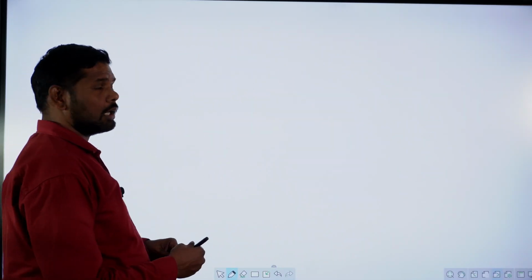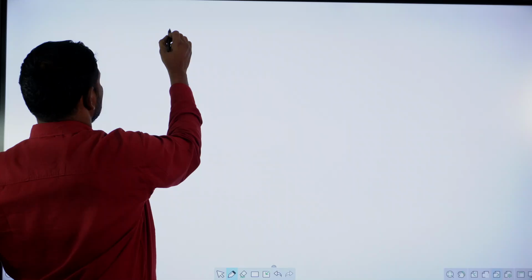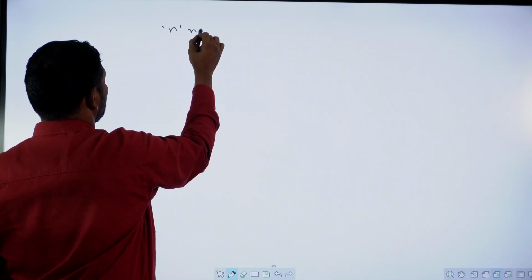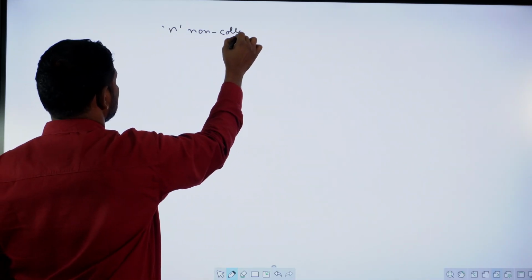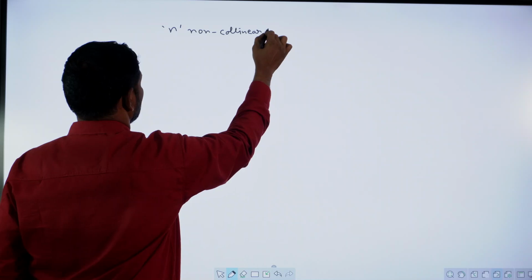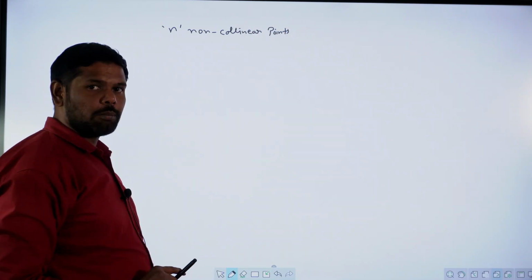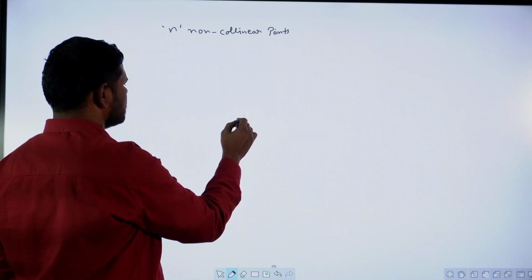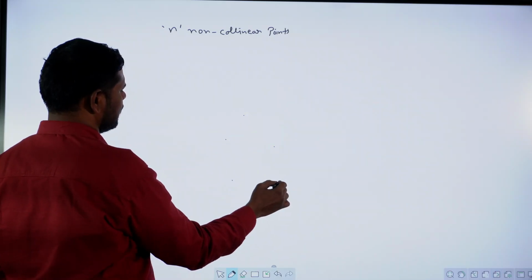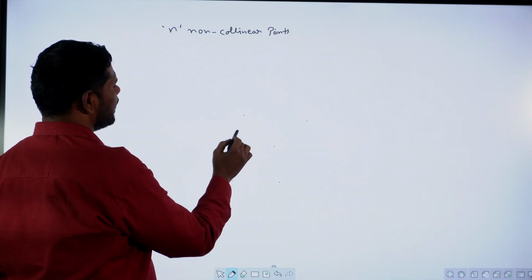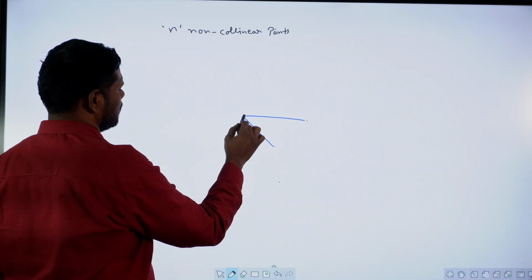Suppose n non-collinear points are there. N non-collinear points means the points are not in a line, so somewhere it is also like this. How many straight lines are possible like this?